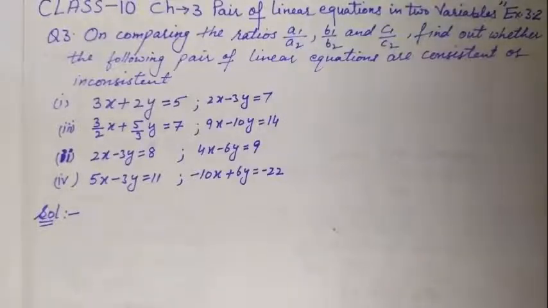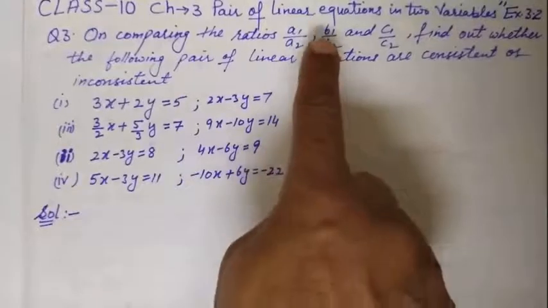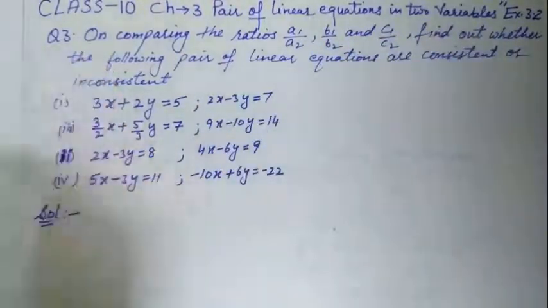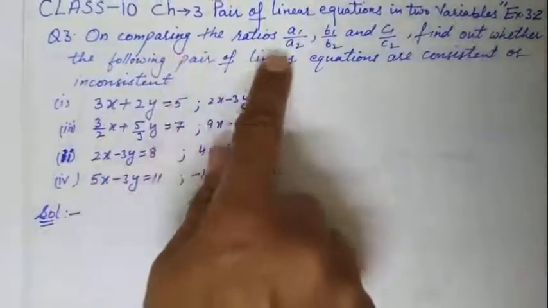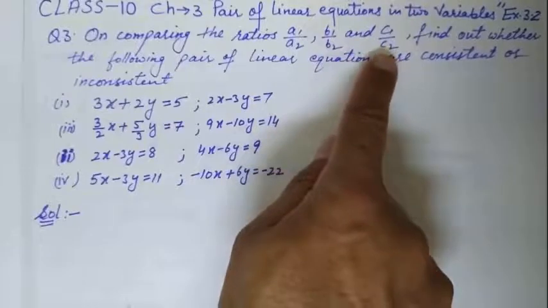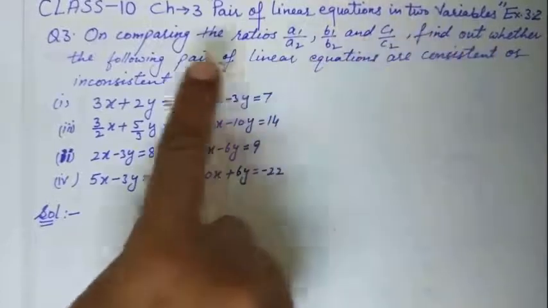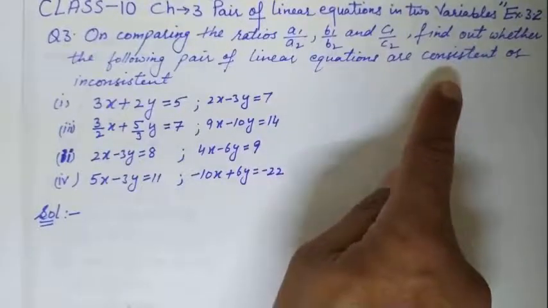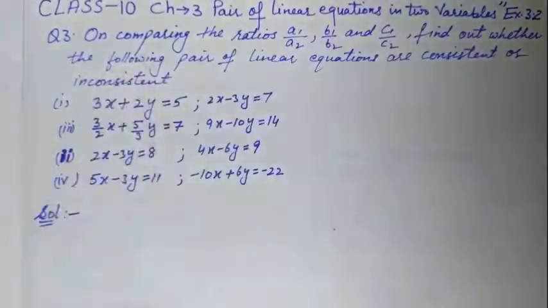Let's do this question. This is from pair of linear equations in two variables, exercise 3.2. The third question is, on comparing the ratios a1 over a2, b1 over b2 and c1 over c2, find out whether the following pair of linear equations are consistent or inconsistent.